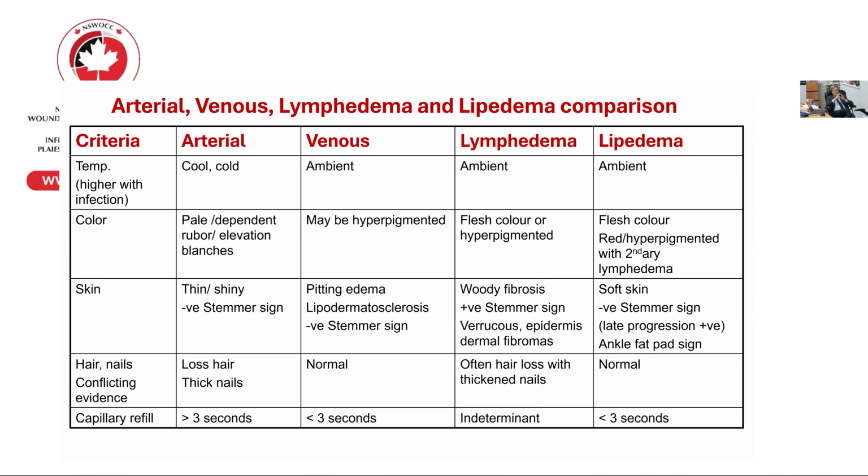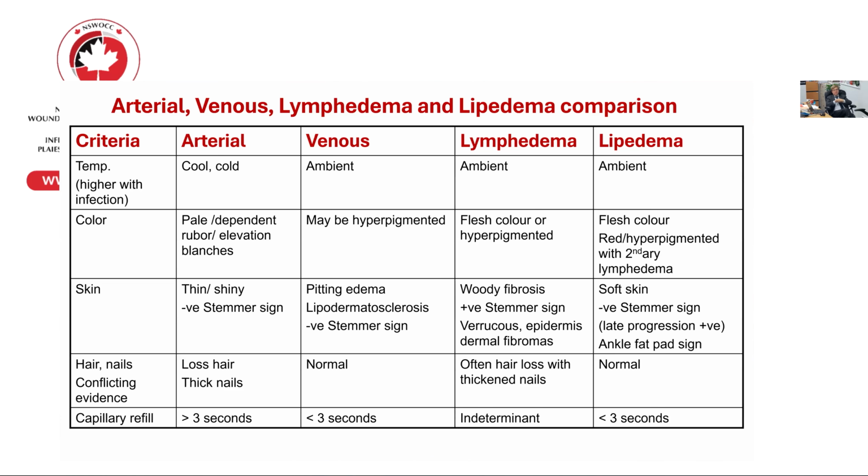You can get that verrucous or wart-like change, the epidermis, and with the dermal fibromas, you can actually get things that look like little bubbles on the surface, but they're hard. And you can get hair loss with thickened nails with lymphedema, and capillary refill, because it's woody all the way down, is indeterminate.